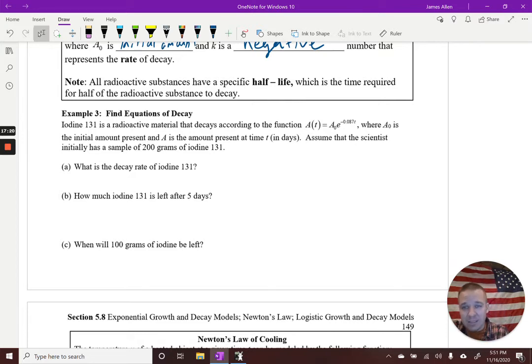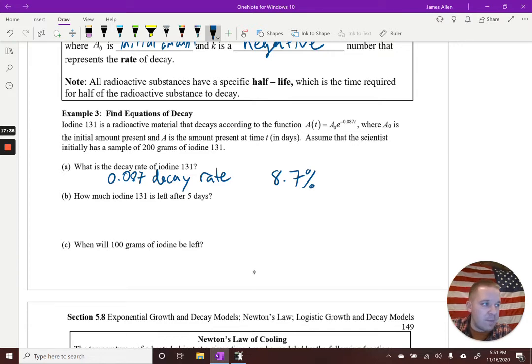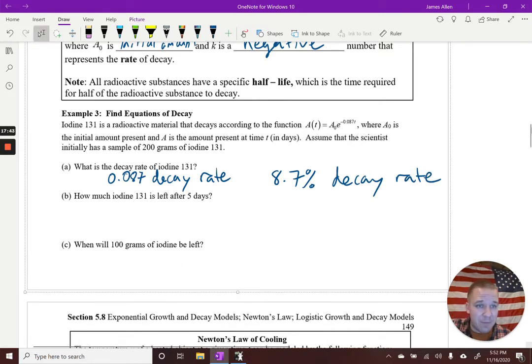Well, my decay rate is 0.087, or you could say 8.7%. Just make sure you have the percent if you're giving a percent, and do not put a percent here in the formula, because it's a decimal written as a percent. So why did I not use a negative?